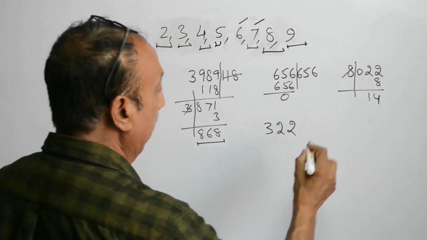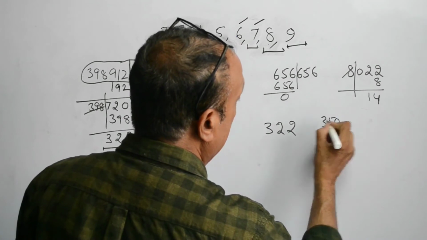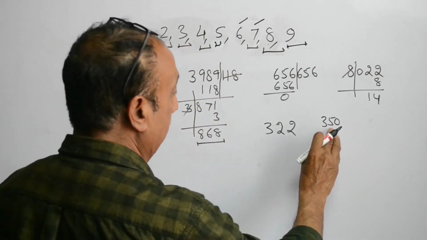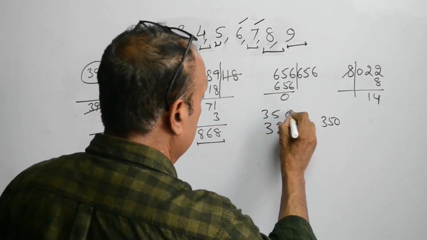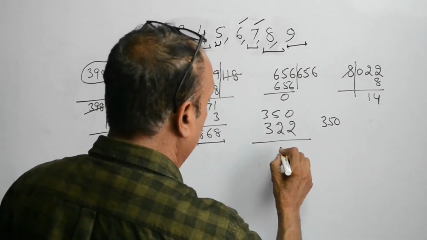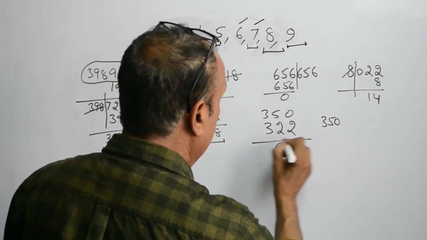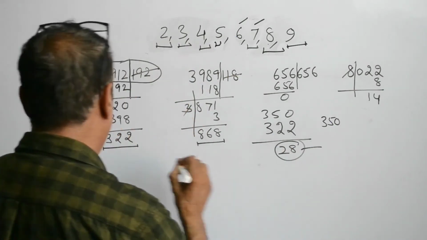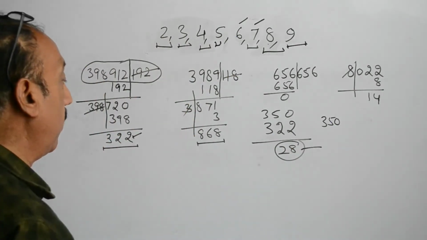In my mind, 350 is a number which is divisible by 7. So from 350, just deduct 320 and we get 28. As 28 is divisible by 7, so 322 will also be divisible by 7.